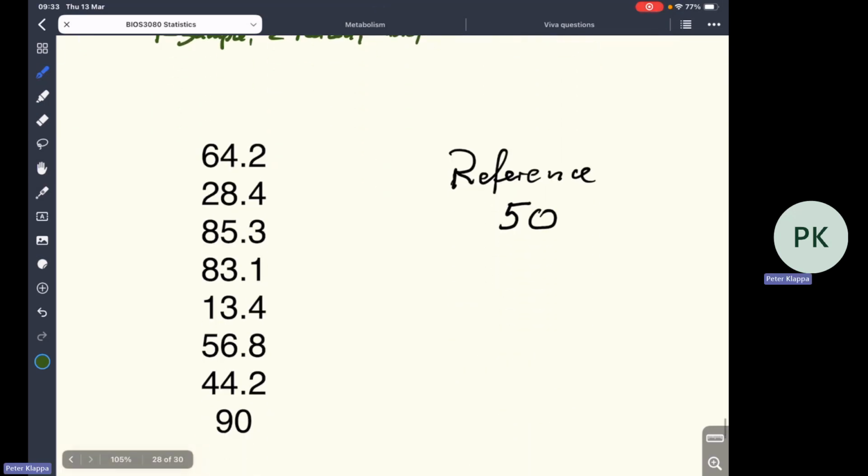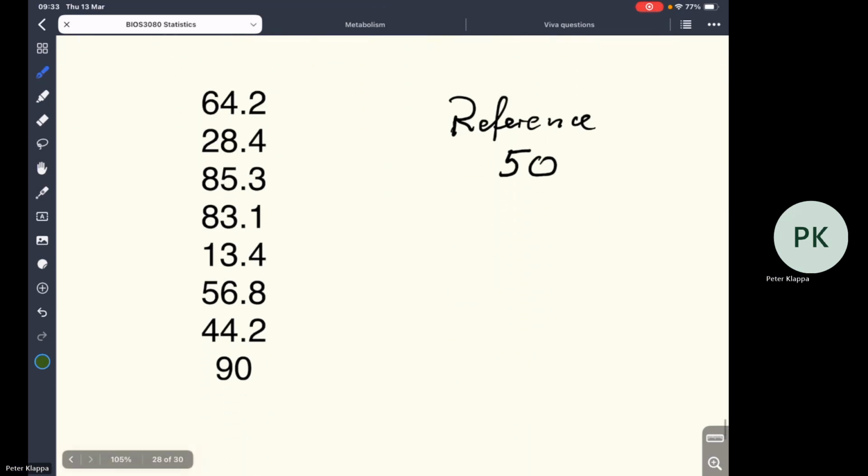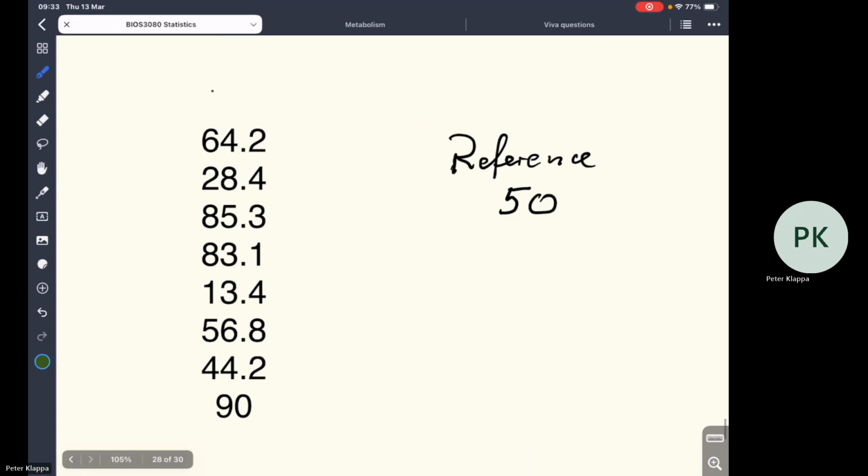And we would have this when we are looking at, say, tumor size, and we know already that the typical tumor in the population would be around 50 micrometers.